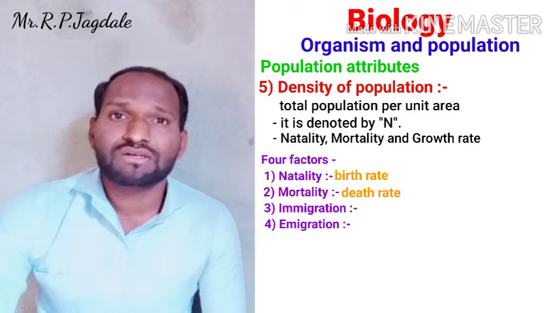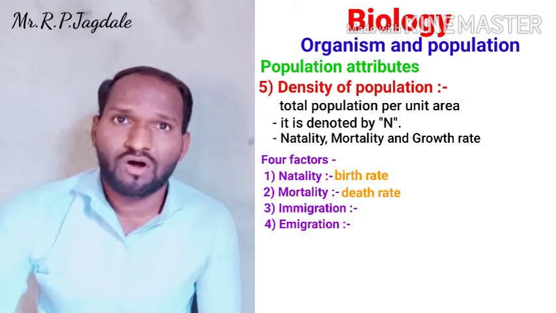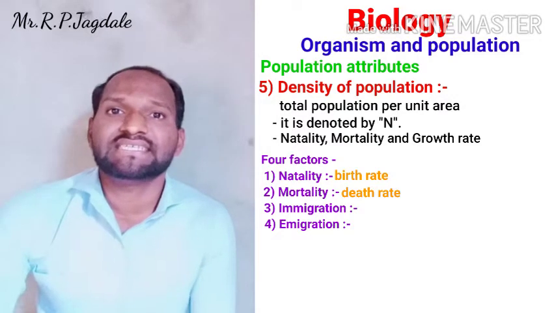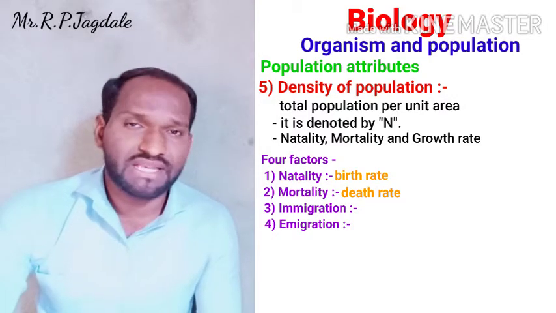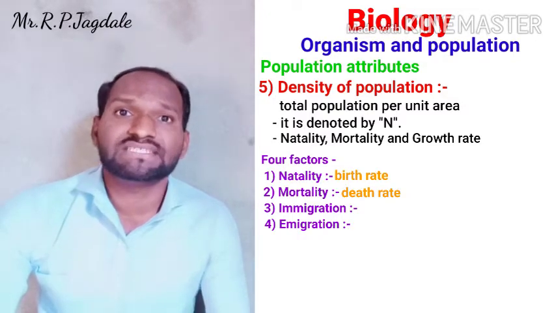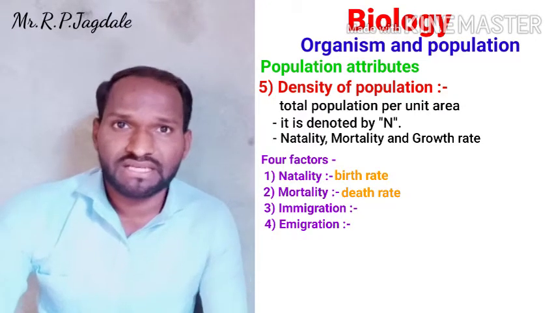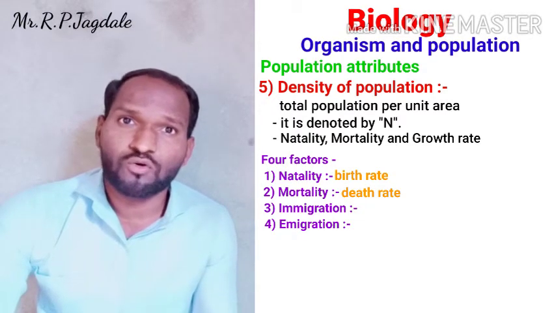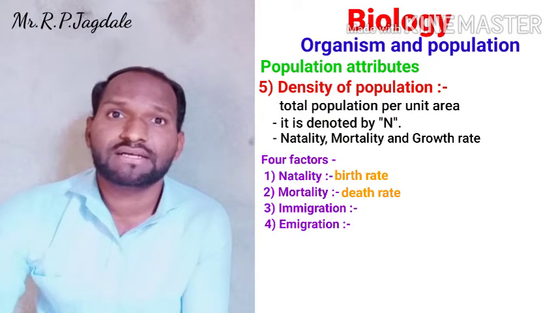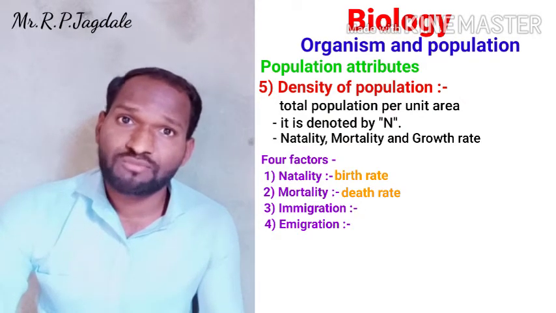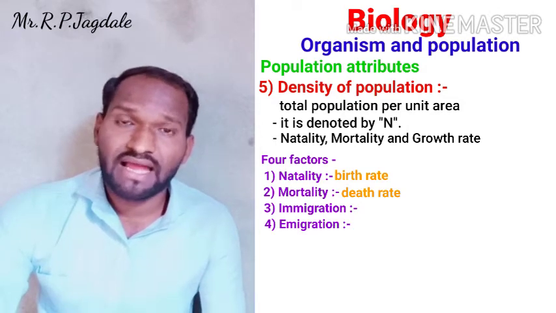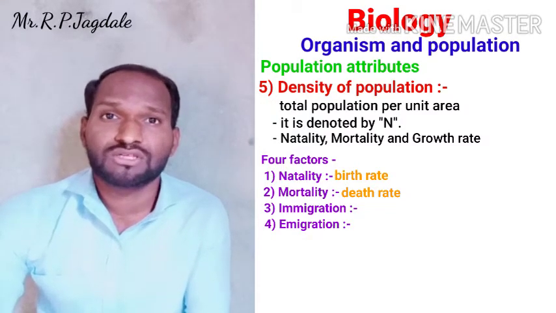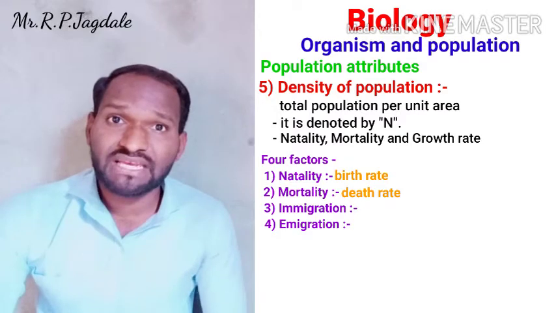So for that, we will take one example of people from the villages coming to the cities for work or various purposes. This is the example to understand immigration and emigration. Now, people are leaving the villages, going from villages to the cities. So the population of the villages is going to decrease, and when they are coming to the cities, the population of the cities is going to increase. So what is emigration?